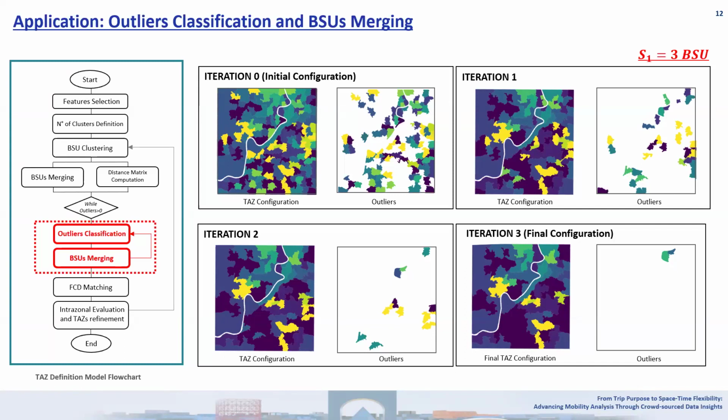So we start an iteration procedure. I won't go into the details of this procedure, but through iteration we classify all the outliers in order to aggregate these traffic analysis zones automatically.